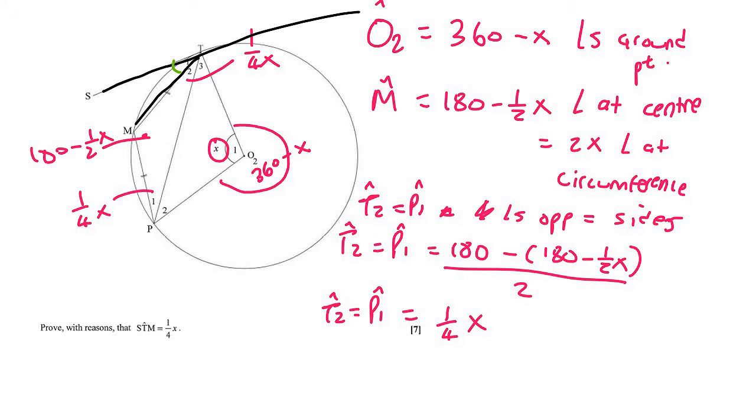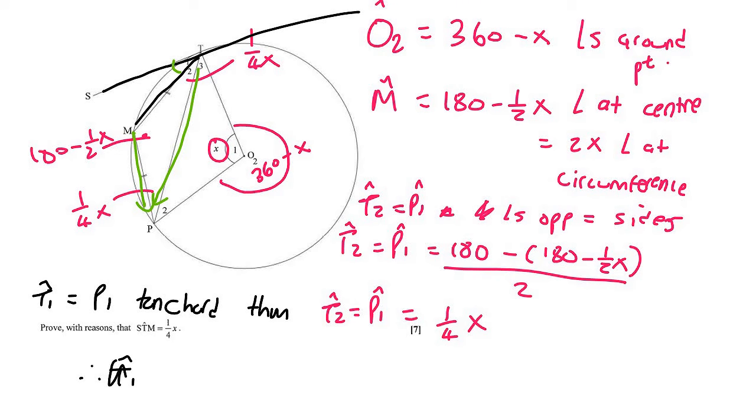So look at the chord TM. Can you see that TM comes together at P1? Therefore, we can say that T1 is equal to P1 because of the tan chord theorem. Therefore, angle T1, or let's call it STM like they did, is equal to a quarter x.